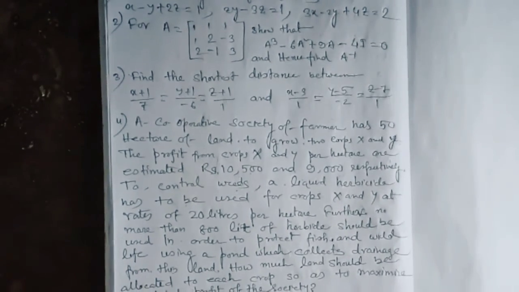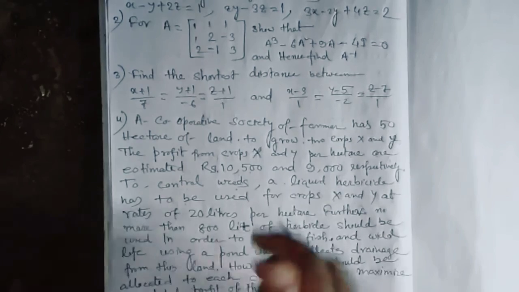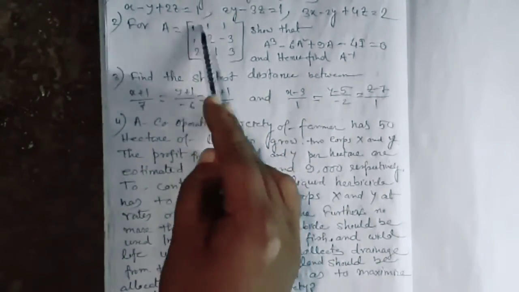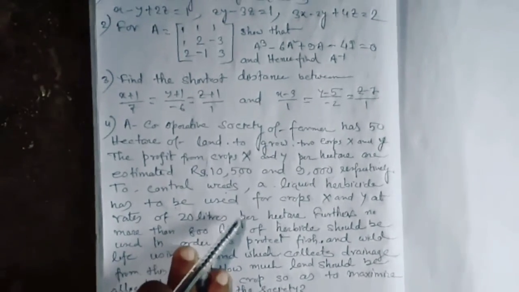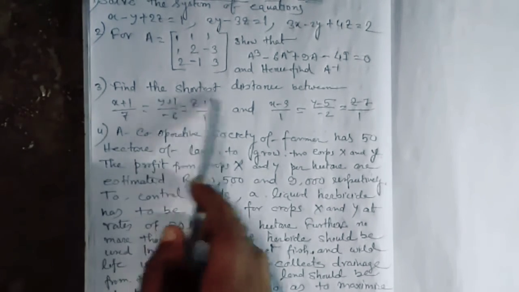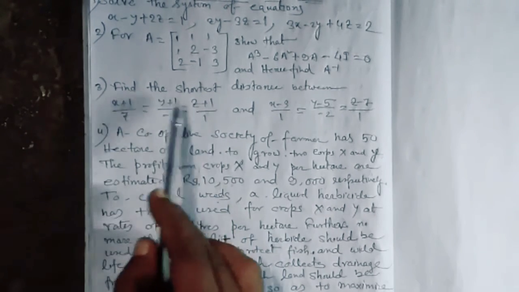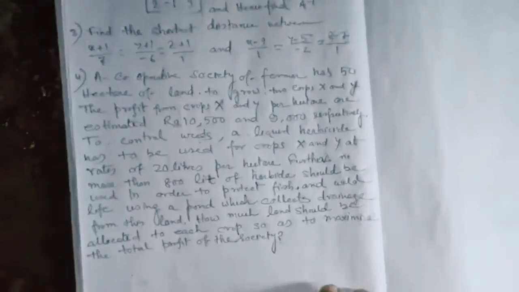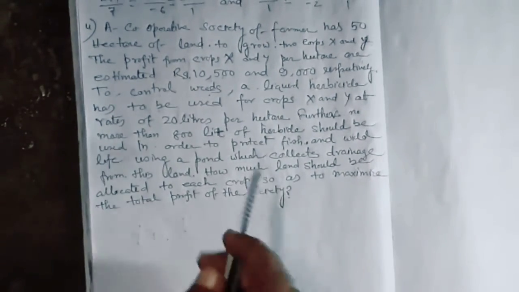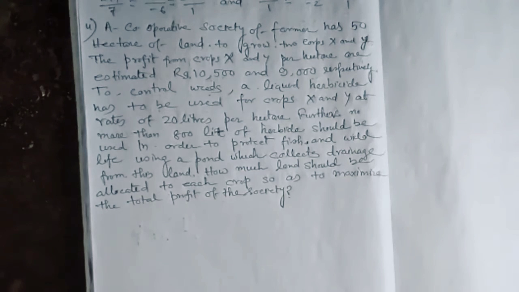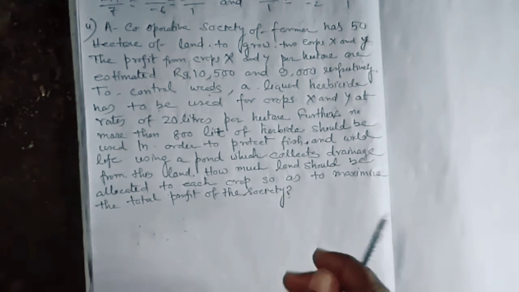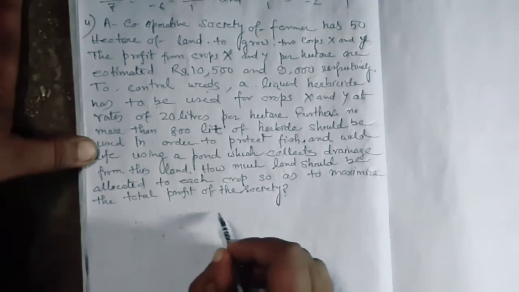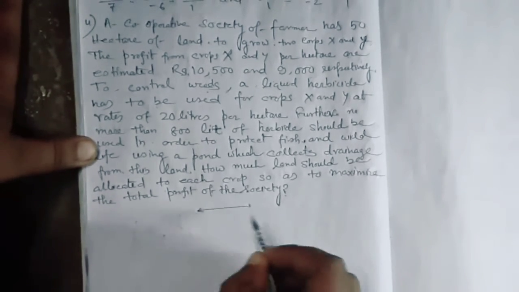The first two questions are from matrix. The next question is from straight line, in this two straight lines. And the third question is from linear programming problem. Now I am reading this problem once. Linear programming problem.